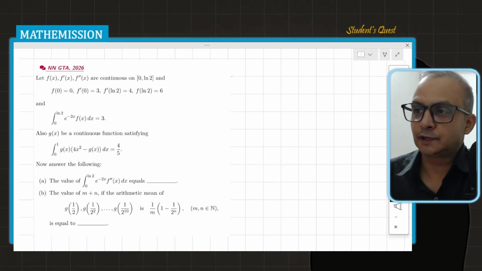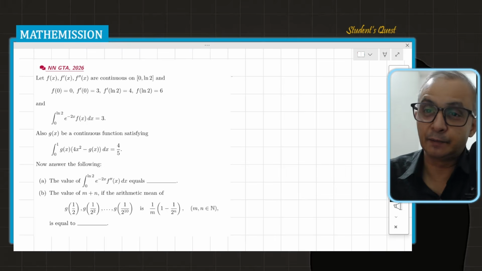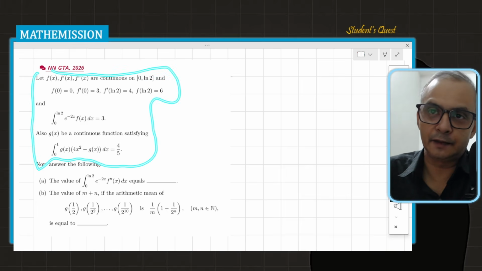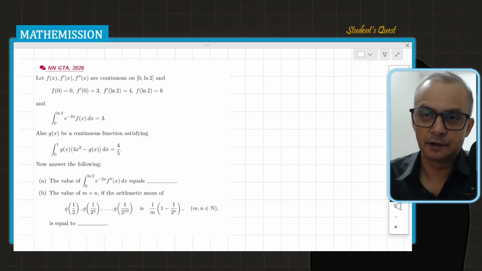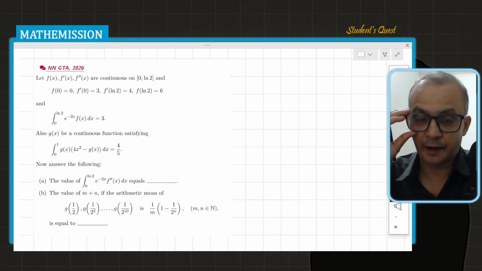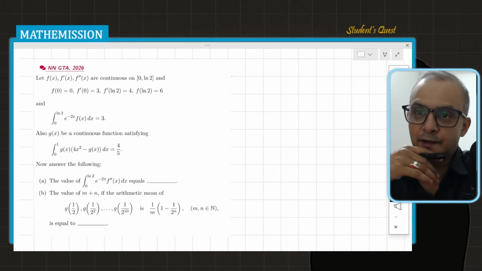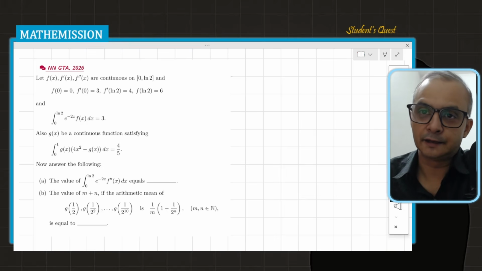This is a paragraph question, and it's not made so perfectly, I must tell, because they have combined two questions together. In paragraph type questions, generally the information they give is connected to each other.